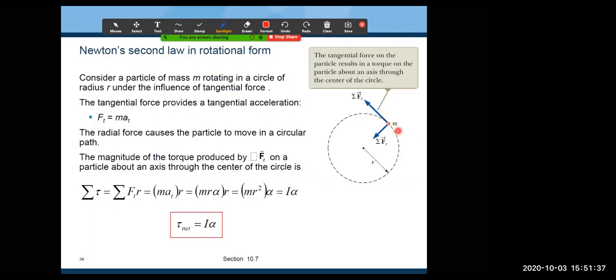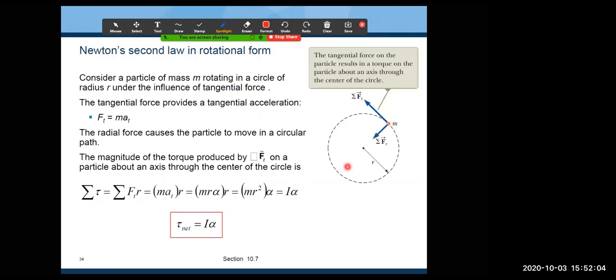Newton's second law: force equals mass times acceleration, and it would be the tangential force that causes the tangential acceleration. Of course, because the particle is rotating in a circular sense, it would also be experiencing a centripetal force.